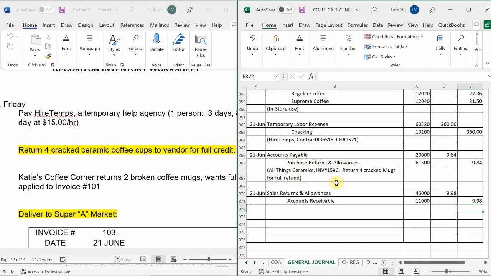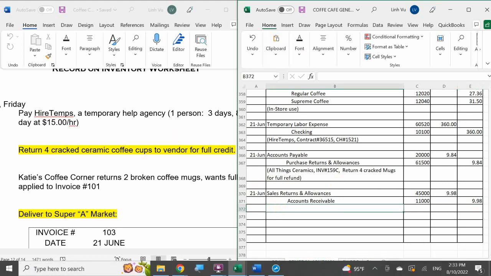And we can note that we are giving credit on the invoice 111 to who? To Katie's Coffee Corner. Credit, right?